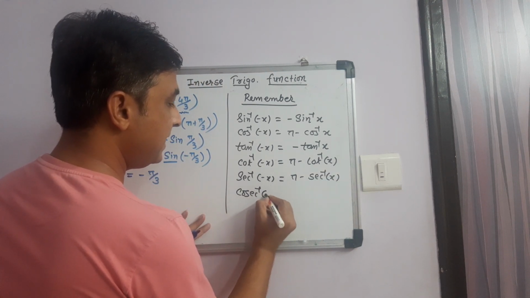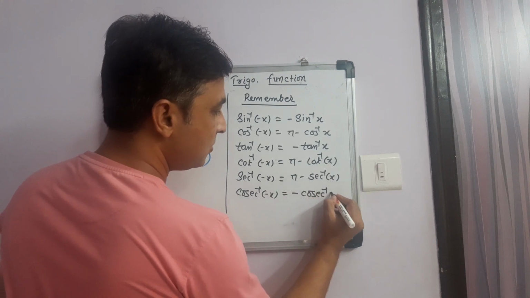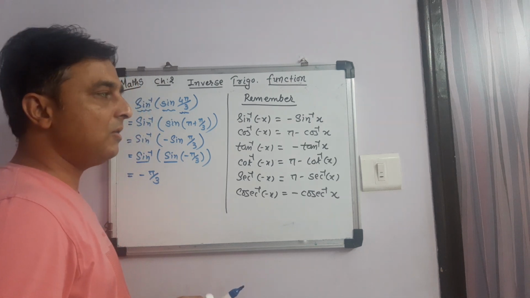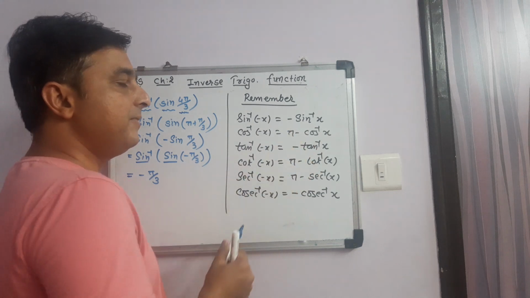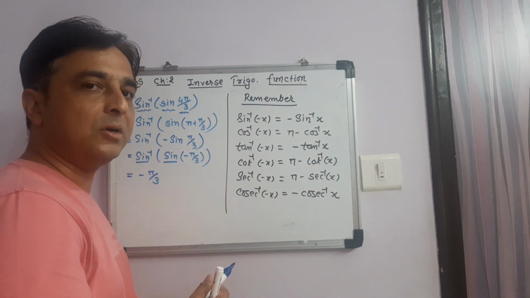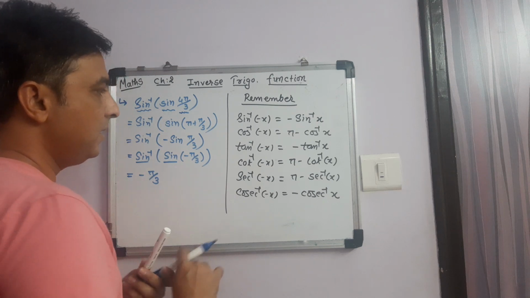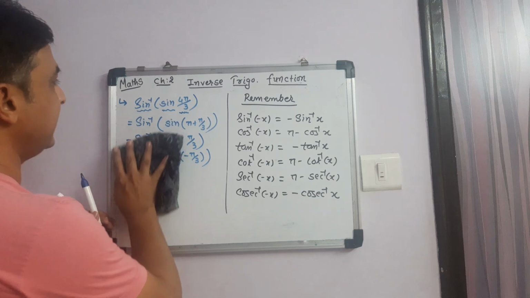And cosec inverse of minus x is minus cosec inverse x. This is the basic formula, or it's called the first theorem of this chapter. Remember these formulas for the negative values of inverse functions. Using that, we will see the second question.